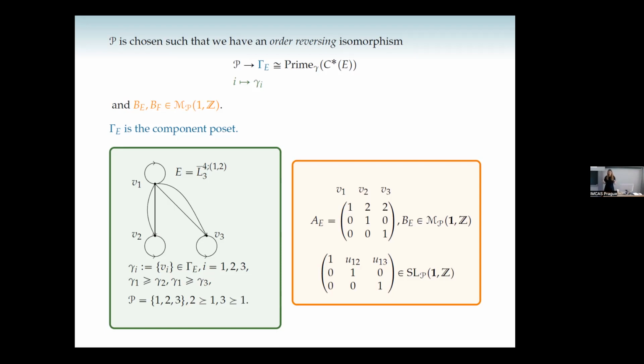If you have two different graphs, of course you need the component poset, or this prime spectrum of this gamma, to be homeomorphic. If you want to have isomorphic algebras, you need those spaces to be the same. So that's where you start.